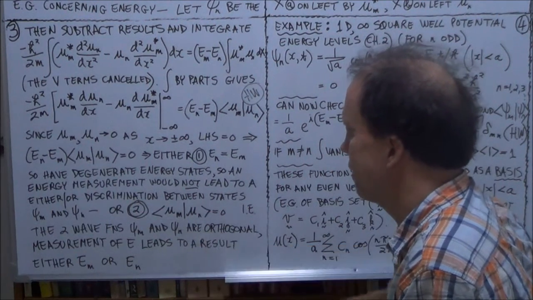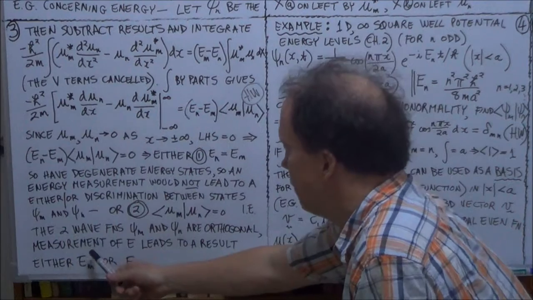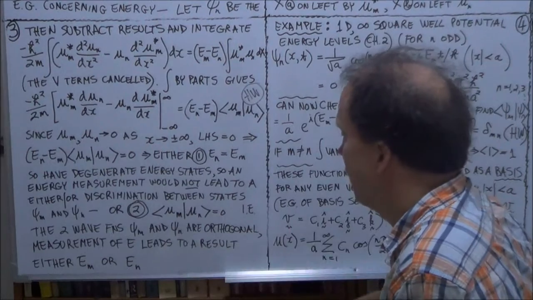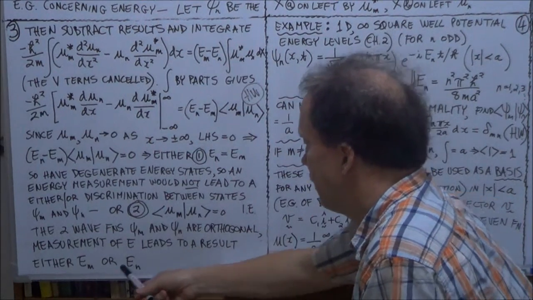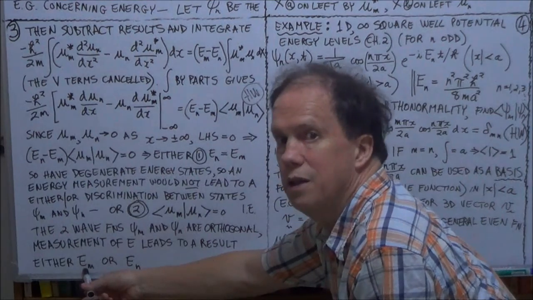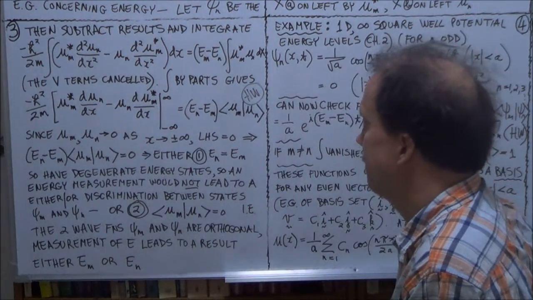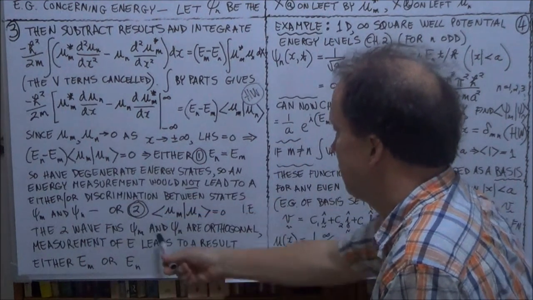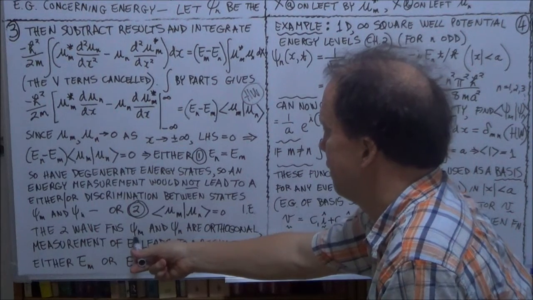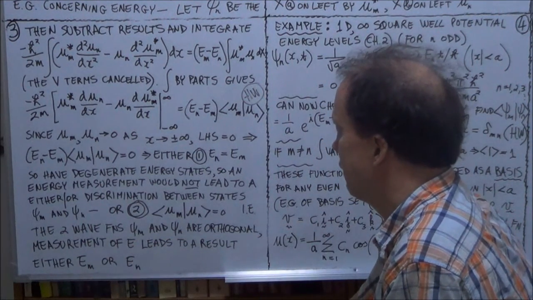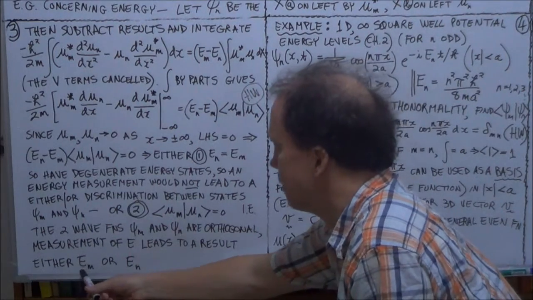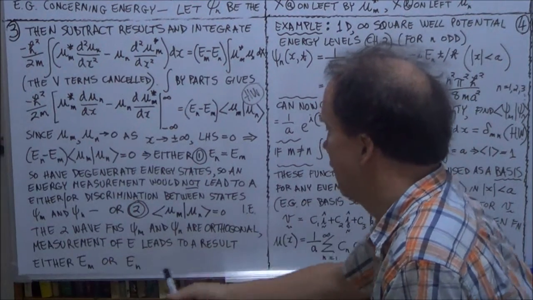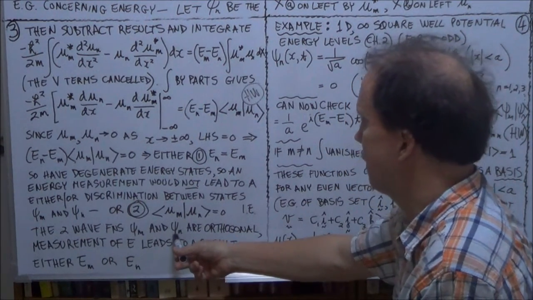The bracket is nothing, and that means if you do a measurement for this non-degenerate system, and you get the result for the energy as Em, then the state after the measurement is psi m. If you know the energy of your system is Em, then its corresponding state is psi m. Or if the energy is En, the corresponding wave function is psi n.